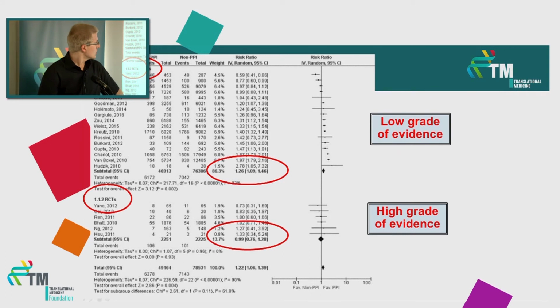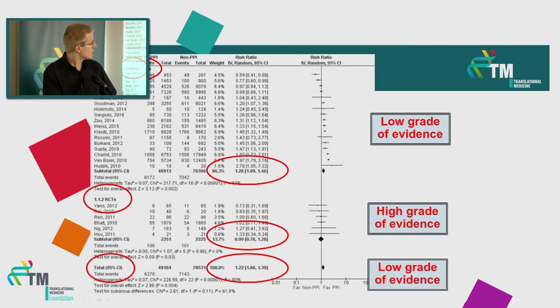If you take a look at the results of randomized controlled trials, we see only a neutral association for the same question, for the same outcome. However, this is of high grade of evidence due to the randomized nature of the studies. If you pool both observational and randomized controlled trials, again you see a significant difference between groups.